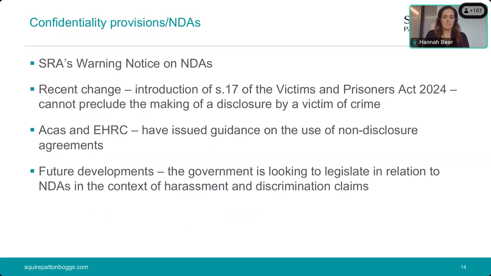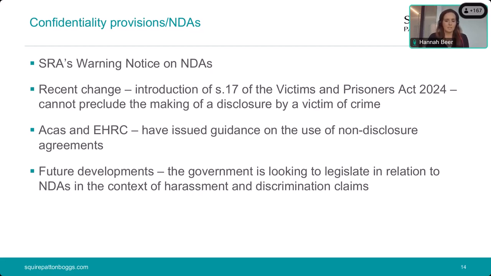In terms of recent developments, Section 17 of the Victims and Prisoners Act came into force on the 1st of October this year, 2025, and that provides that a provision in an agreement, which would cover a settlement agreement or a COT3, is void if it attempts to preclude a disclosure of information by a victim of crime or a person who reasonably believes that they are a victim of crime.